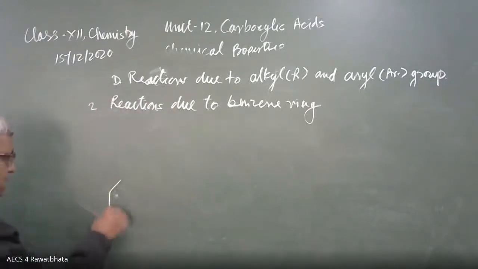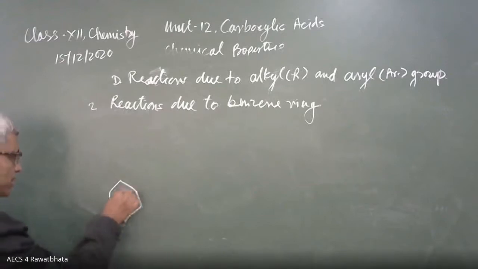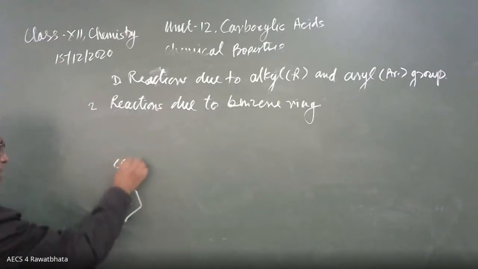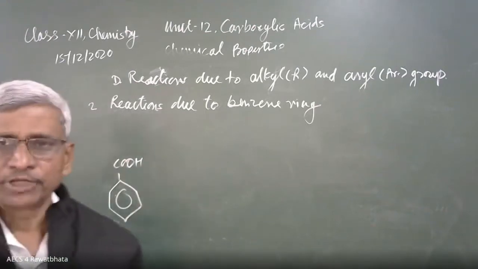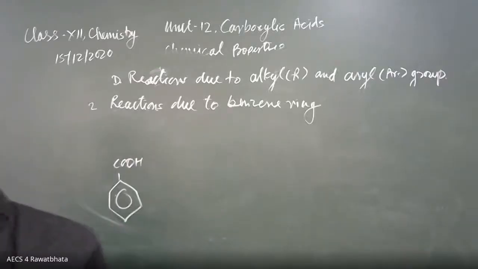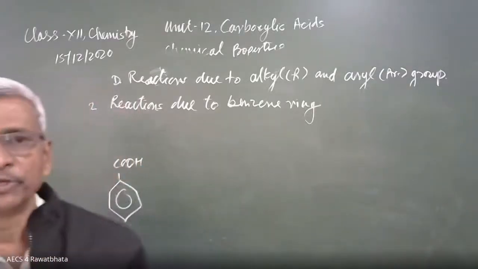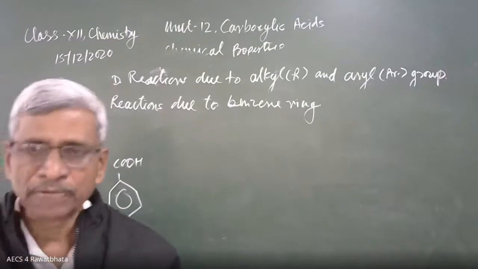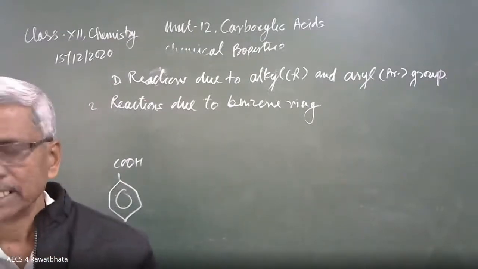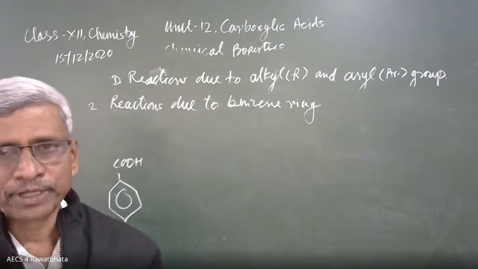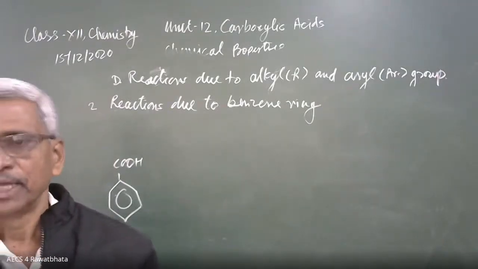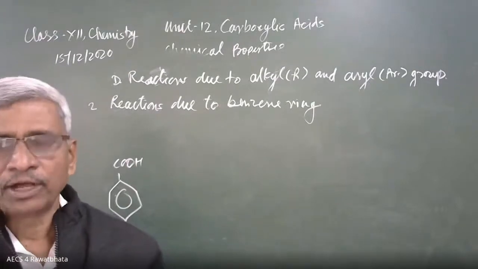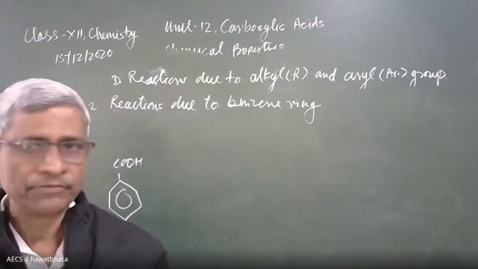So decide it. At which carbon? Here is COOH. Electrophiles are going to join at ortho-para carbon or meta carbon. And we know COOH is a meta-directing group because COOH having multiple bonds, C double bond O, instead of donating electron pairs to the ring, is withdrawing electron pairs from the ring. And in that way, ortho and para carbon atoms are affected.